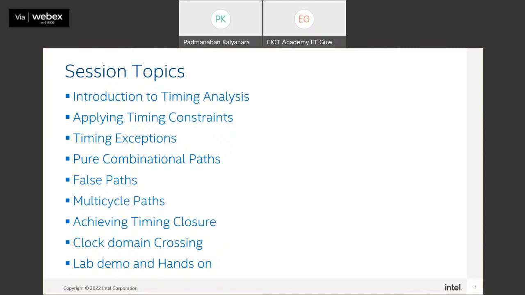And then we are also going to learn clock domain crossing. And then there will be a lab demo and hands-on sessions in detail in the afternoon. So wherever required, I will show you a quick demo, but we will have an exhaustive lab session, and then we can also do hands-on and have a good practice of applying basic and complex timing constraints to a design in the afternoon.